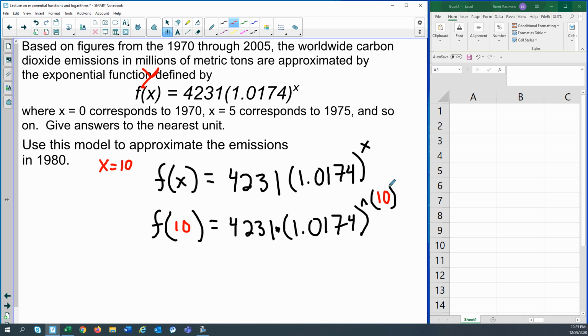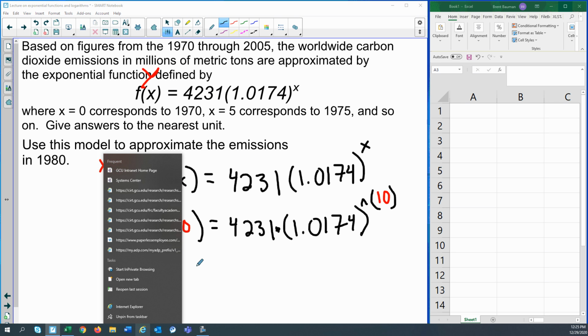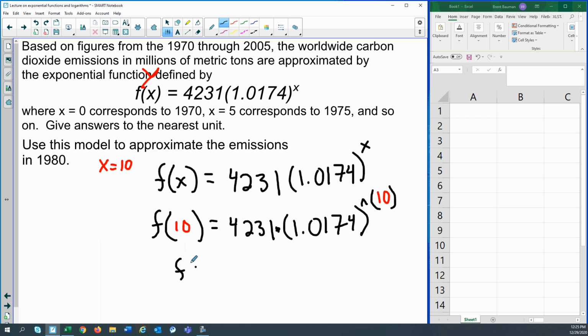So for our answer, it's going to be f of 10 equals what this gives us when we calculate it.